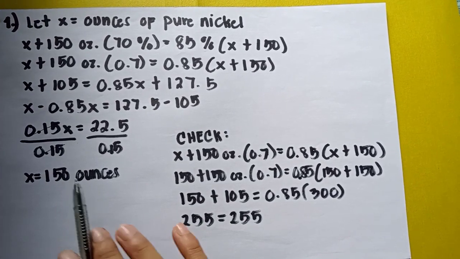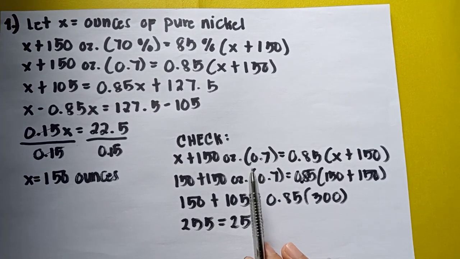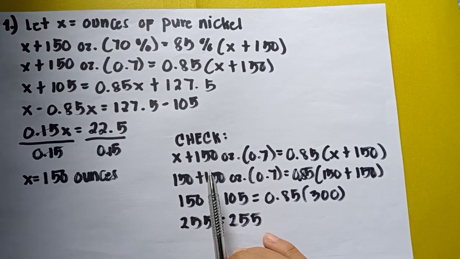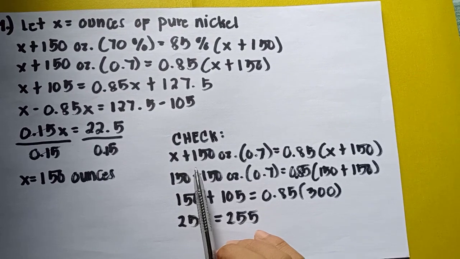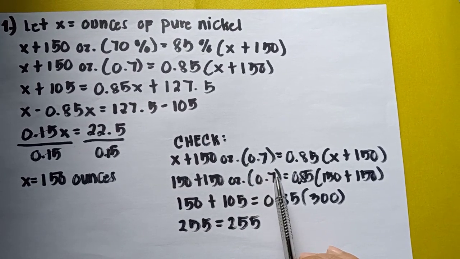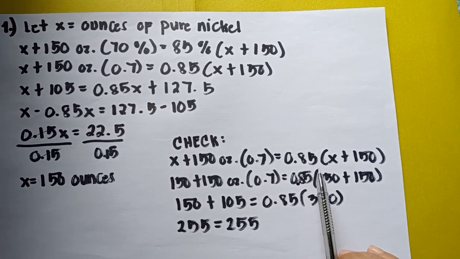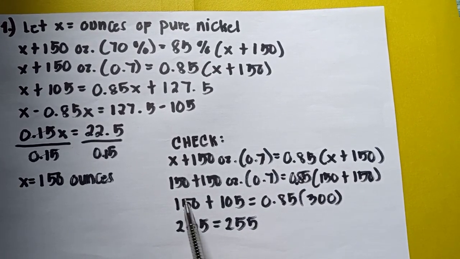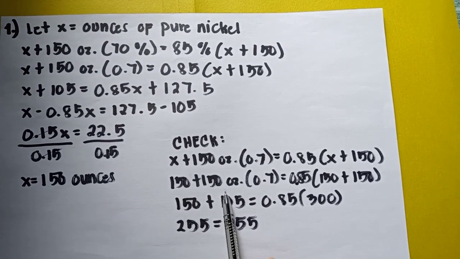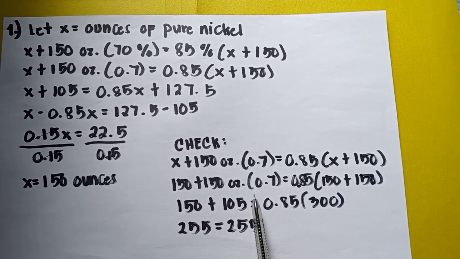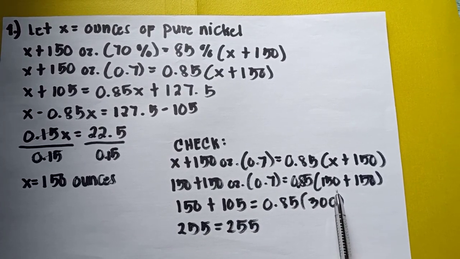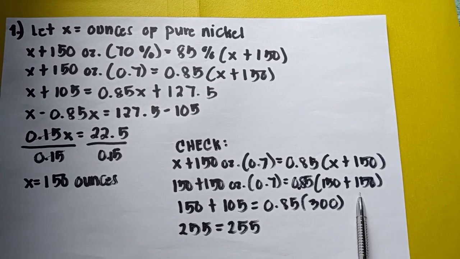To check if our answer is correct, we will substitute the value of X: (X + 150) ounces times 0.7 equals 0.85 times (X + 150). So the value of X is 150, so (150 + 150) times 0.7 equals 0.85 times (150 + 150).